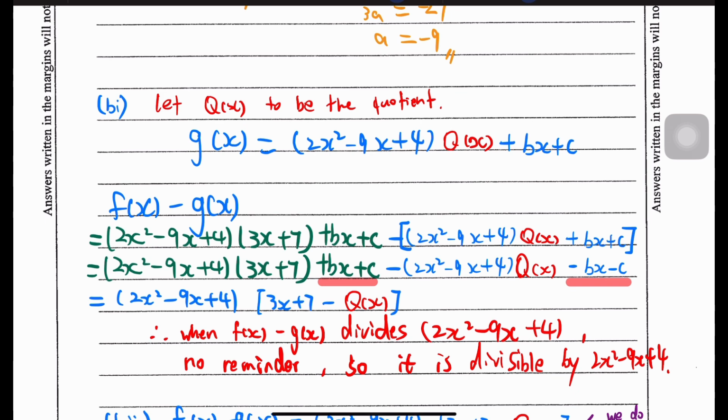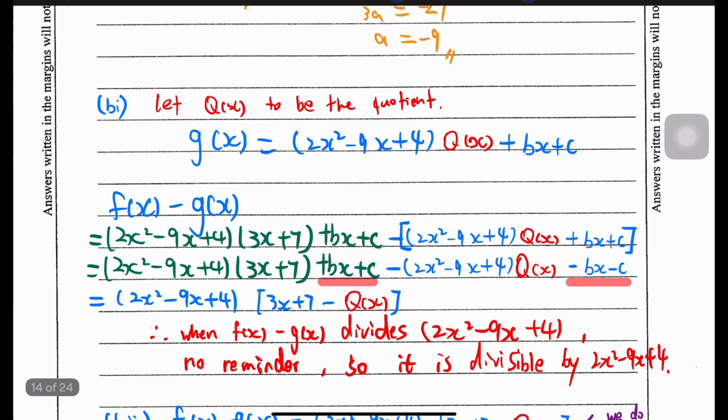So now comes the tricky part. After you subtract, you break the brackets here. After you break the bracket, inside the bracket the sign needs to change because we have a minus in front of the bracket. Now you can see that bx plus c, and here we minus it, so they cancel. So b and c, actually you don't need to find them. They cancel each other.